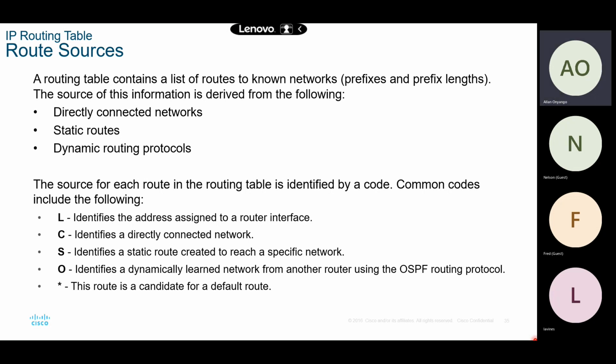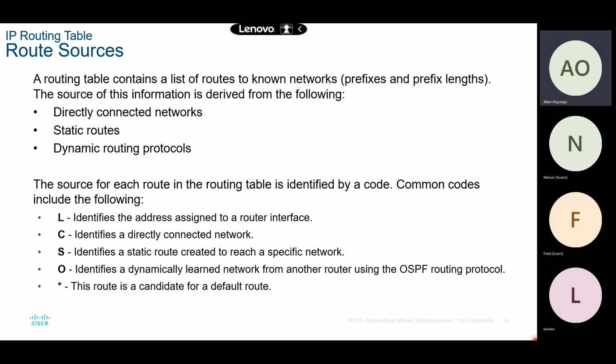So within the routing table, you will always find some letter codes. It can be L, C, S, O, R, and so on. Each letter normally represents something. For example, if you see the letter L, L normally means the local interface IP address of the directly connected network.